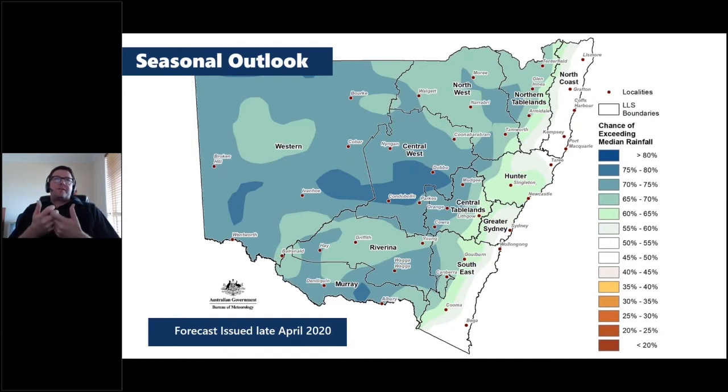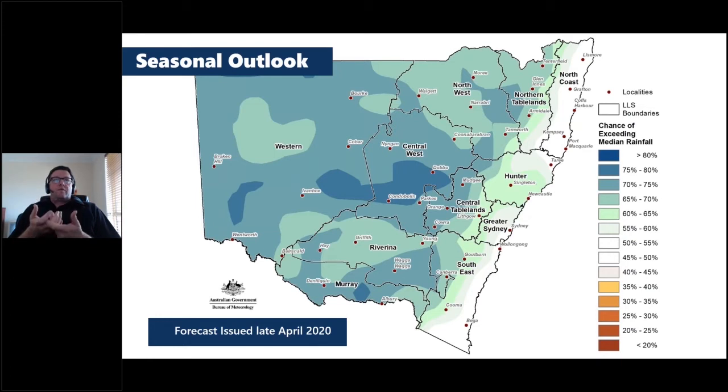Now, at this point, I usually ask the audience, do you know your median rainfall? And it's quite surprising at times that people don't. Many people understand what a median is, some people don't, so I thought I'd just explain it.